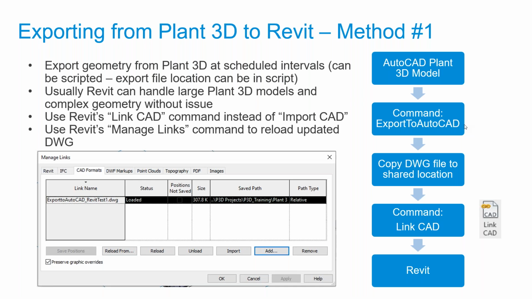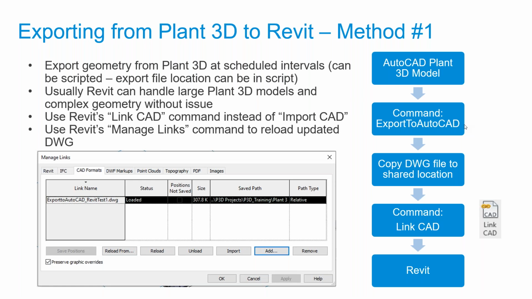Of course, if you want to include XREFs, use the XREF command to bind XREFs as a block into the Plant 3D drawing before exporting, so they're included. And then in Revit, you can insert them from the ribbon using the Link CAD command to link the exported DWG file directly into Revit.